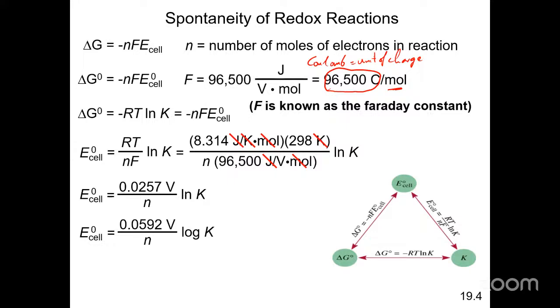Okay, so the relationship between ln K and log K is ln K is equal to 2.303 log to the base 10 of K, right? So basically what you do is put this where the ln K is, and the result would be the last equation, all right?